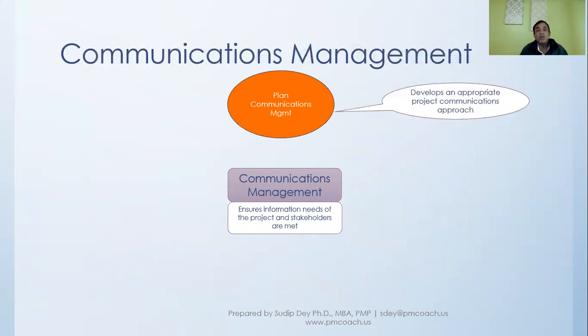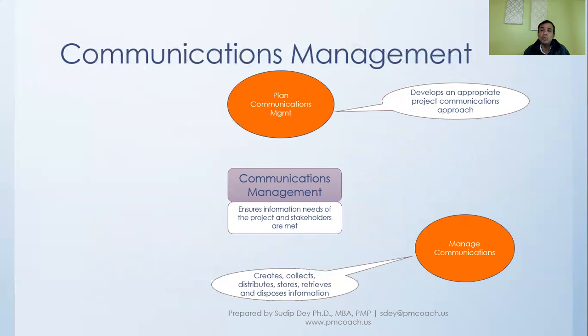The first process we'll have a look at is plan communication management. Plan communication management is about developing an appropriate project communication approach for the project. Then we'll move into manage communications. Based on the plan that we have drawn, we will create, collect, distribute, store, retrieve, and dispose information.